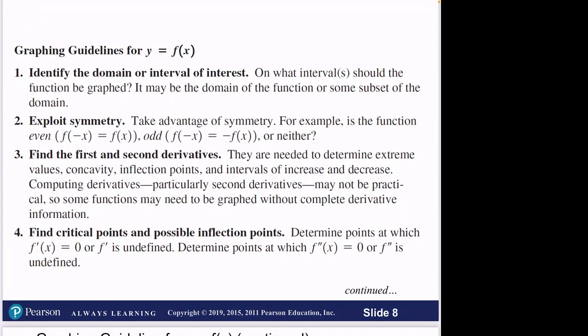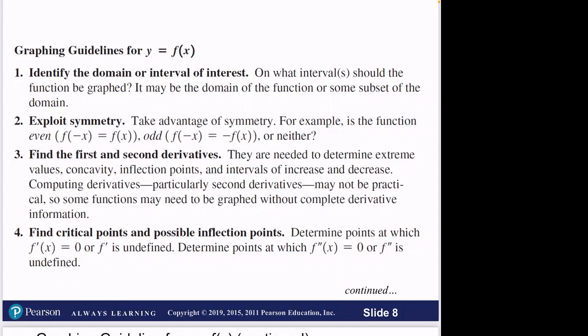So we want to graph a function with the information of where the function is increasing, decreasing, critical points, inflection points, and other information, without using a TI-84 or any graphing software. So what do we need? First, number one, we want to see the domain. Number two, if there are any symmetries.